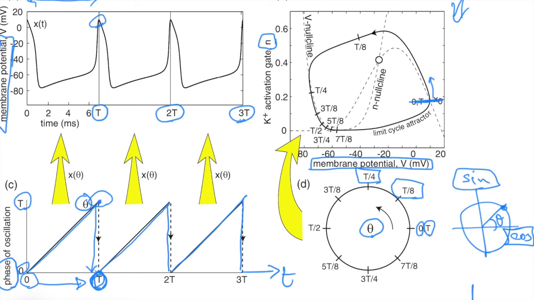And you already saw that if you do the discretization here, the points, the states of the system, are far away from each other, and it's moving the state of the system on this trajectory, which is the limit cycle.